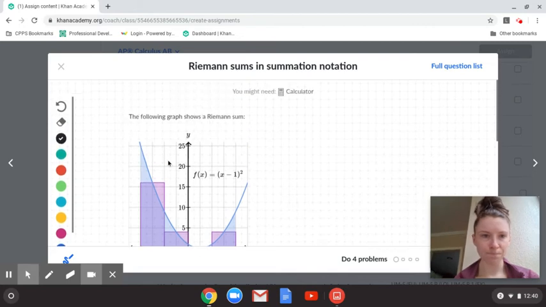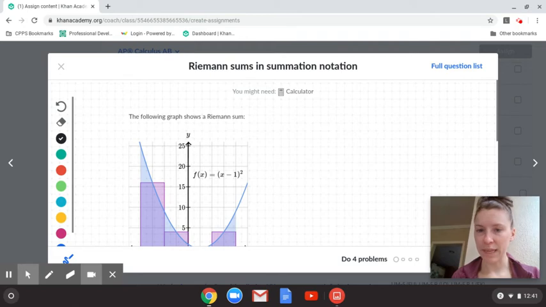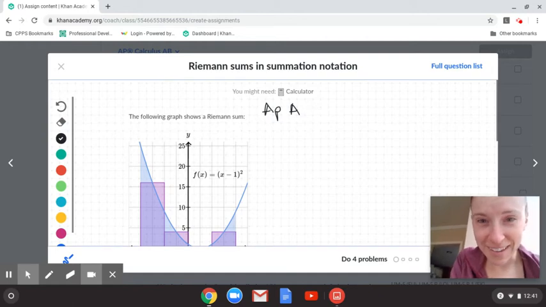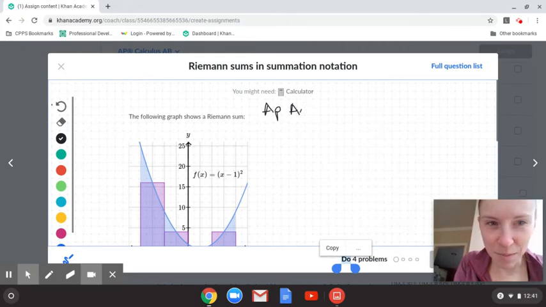So let's get started. I'm going to write out our summation kind of blanket expression. So the approximate area. It is very difficult to write on this. Oh, yeah. I can do it though. I believe in myself.